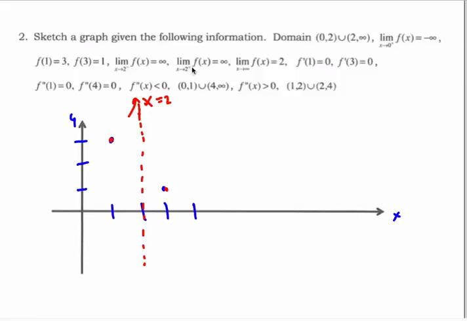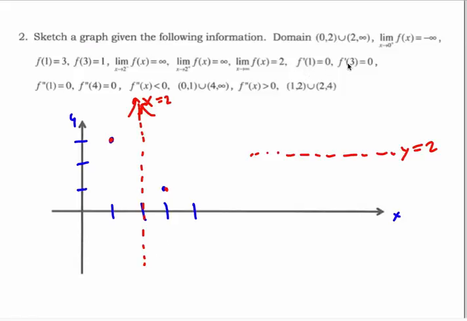And it's also approaching infinity from the right, so we have some situation like that. And the limit as x tends to infinity of f of x equals 2. We'll get to that in a second. That looks like actually a horizontal asymptote. Let's just draw that in here. This is y equals 2, so it's approaching 2.